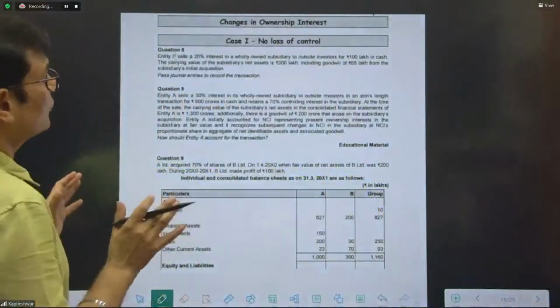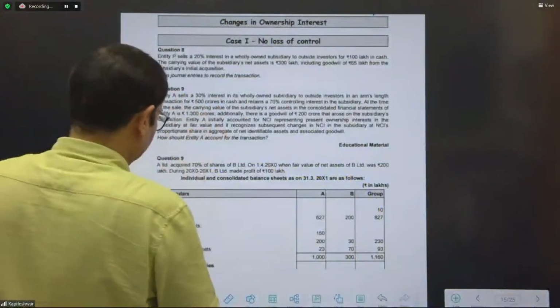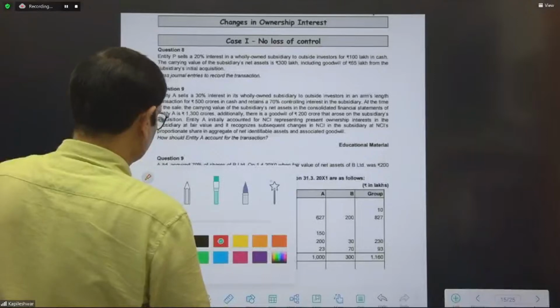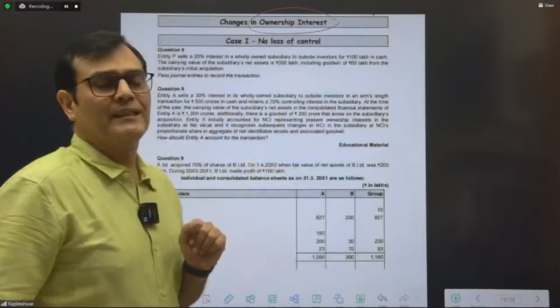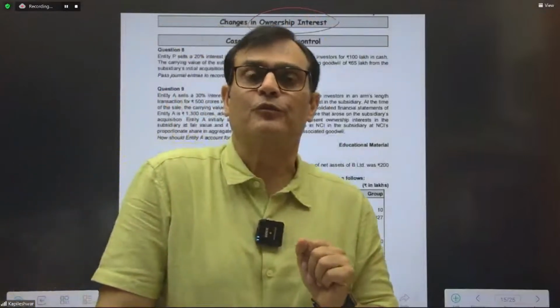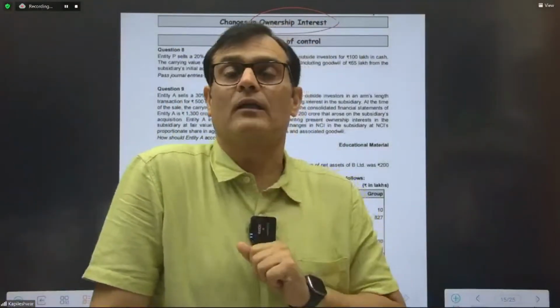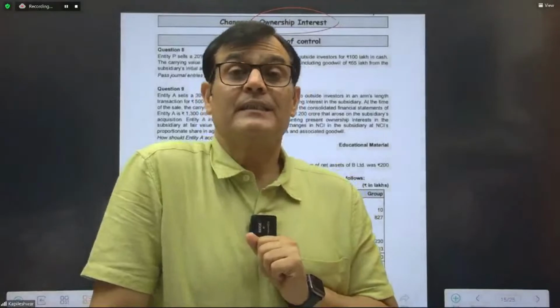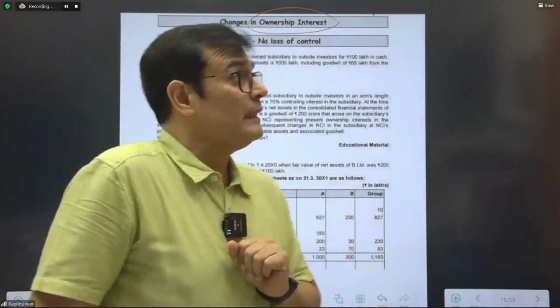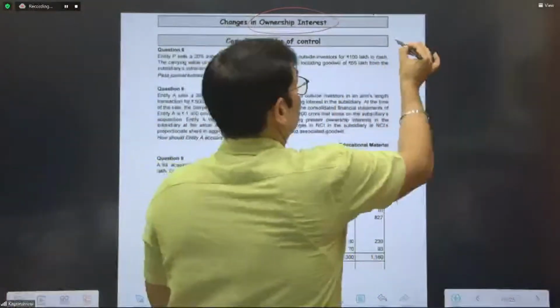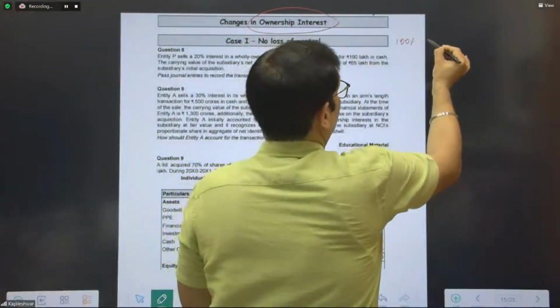Okay. So we can see that when we're looking at the changes in the ownership interest, we can divide the entire journey into two cases. One is where there is a loss of control. Now, when I say there is a loss of control, there can be a lot of permutation combinations. It could be a situation which would mean that there is 100% disposal.